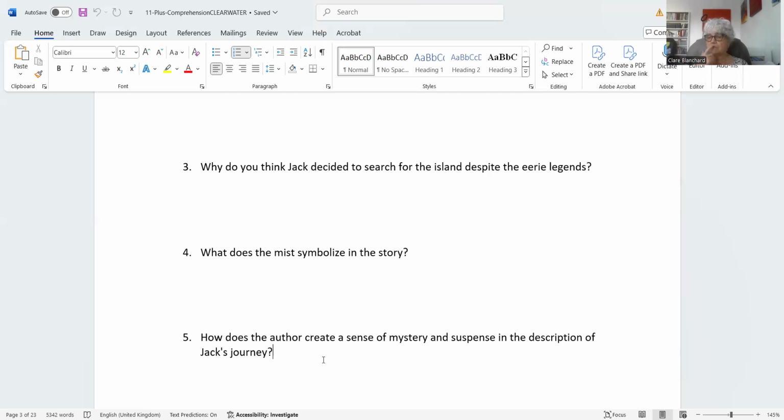So point number 1, and this is really important, any question in literature that starts with the words, how does the author, is asking us to look for techniques and literary devices. Okay, so now we know what we're looking for.